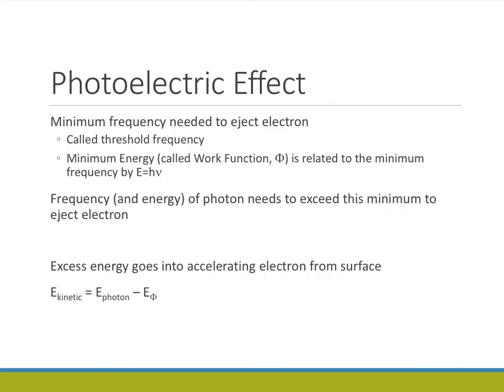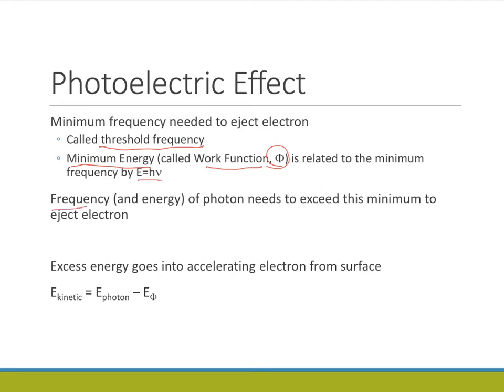So going along with the photoelectric effect, we have a minimum frequency needed to eject an electron, a minimum amount of energy. We call this the threshold frequency. And the minimum energy is often called the work function, or given the Greek letter phi. And this is related to the minimum frequency by E equals h nu.